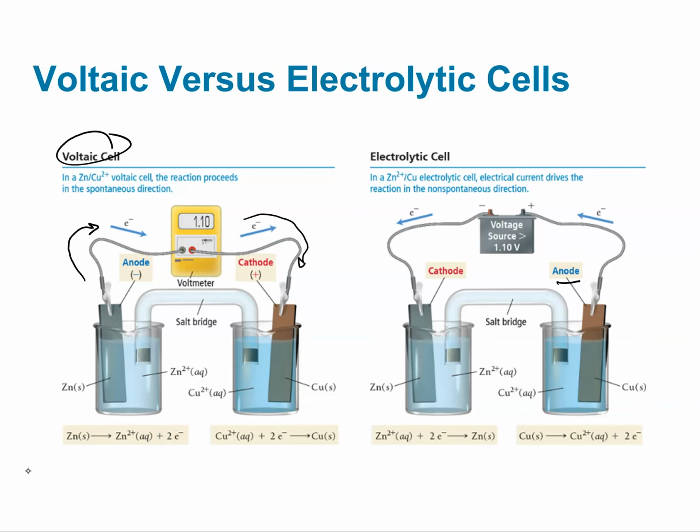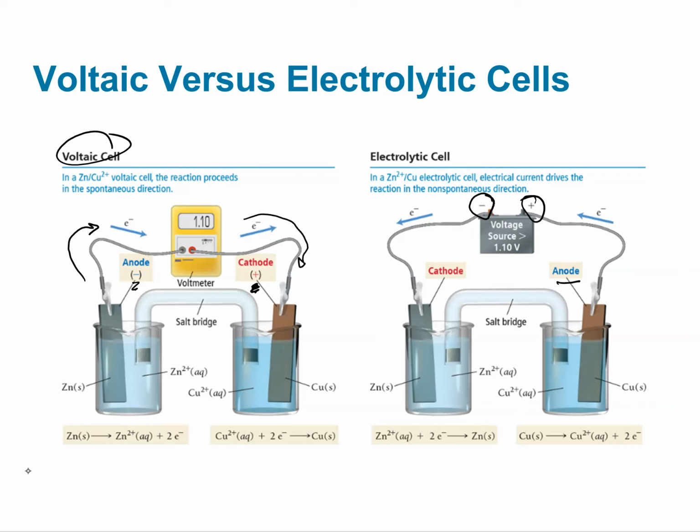So as where the cathode was positive and the anode was negative for voltaic cells, note that the anode is going to be on the positive side of the battery, and the cathode is going to be on the negative side of the battery for the electrolytic cell.